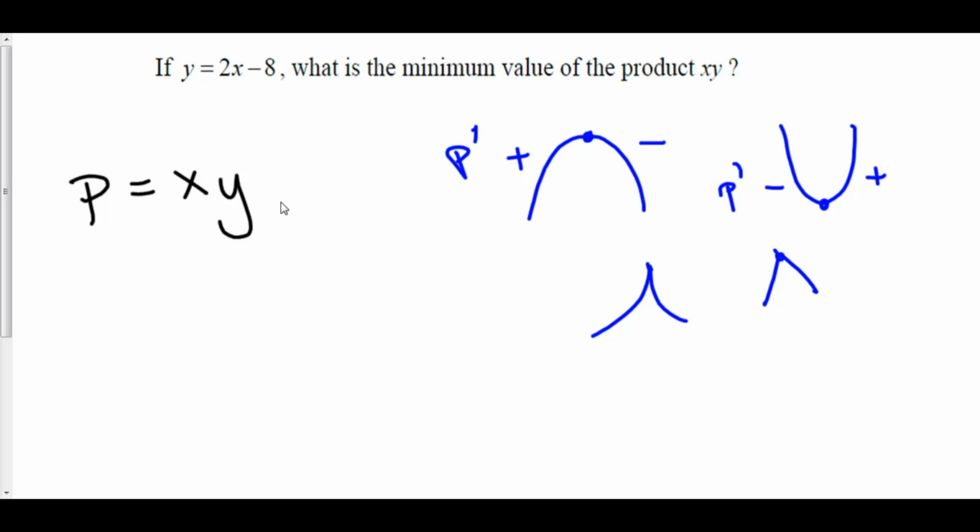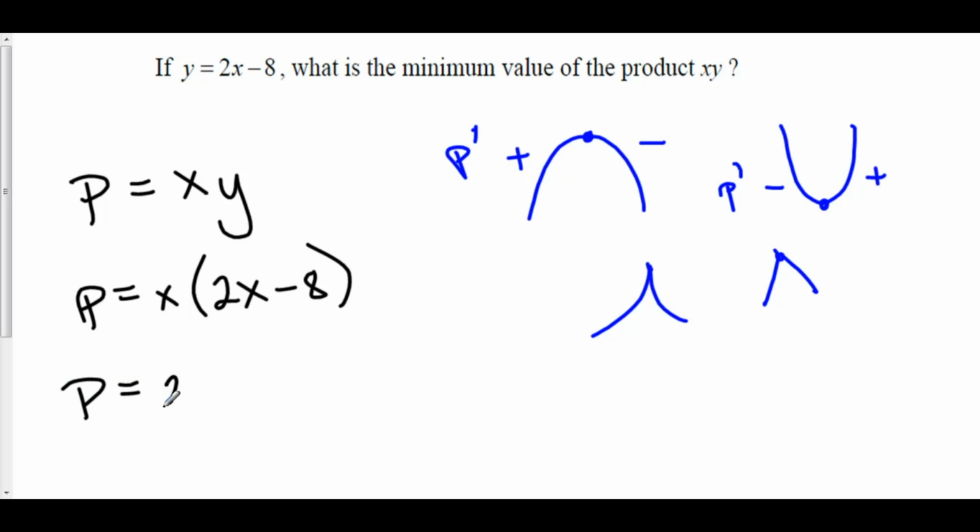So in optimization, you always want to get your function that you're optimizing in terms of only one variable. So, here we have P is equal to x times y, which is 2x minus 8. And finally, P is equal to 2x squared minus 8x.